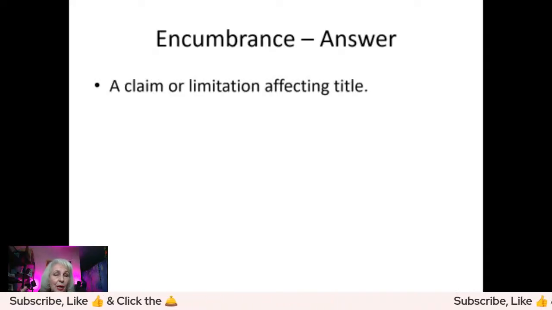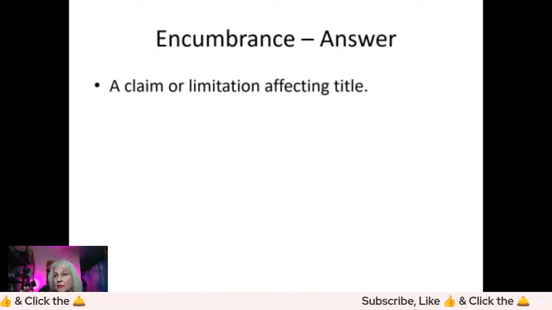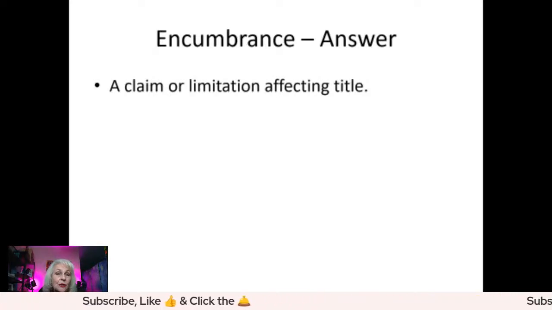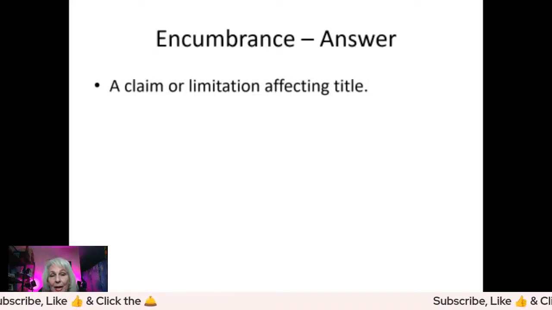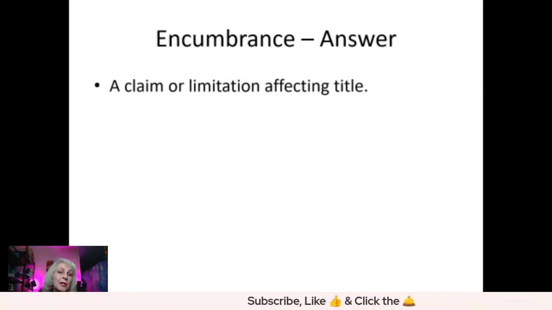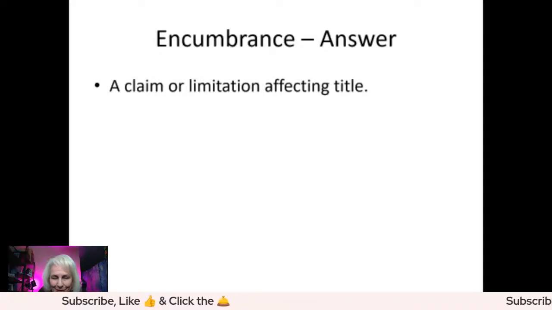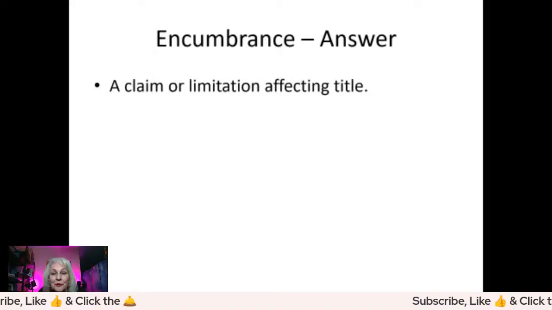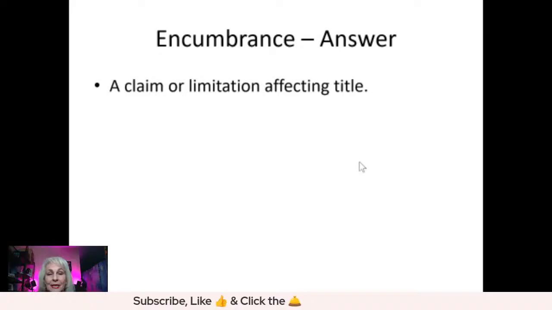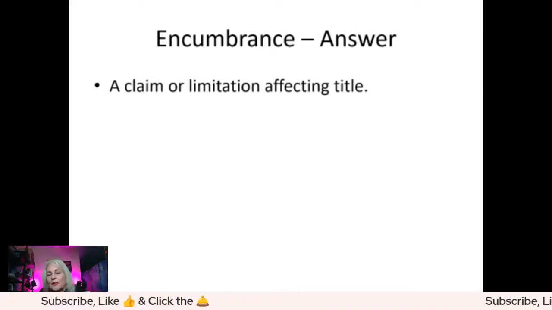If the neighbor has their fence that is further into the owner's property, well, that affects the title, right? The title isn't clear. That boundary has to be adjusted by the owner in order to be able to sell this property. And that creates conflict between property owners. You'd be amazed, okay, at what that can do. So for that issue, it's best to have a survey.